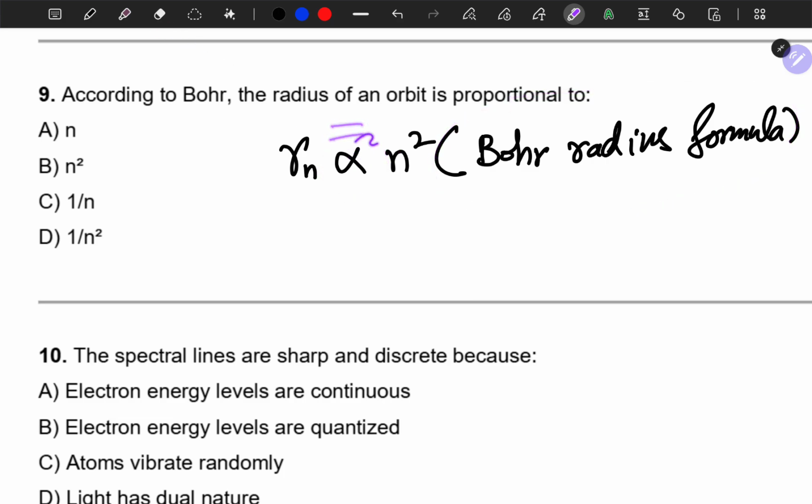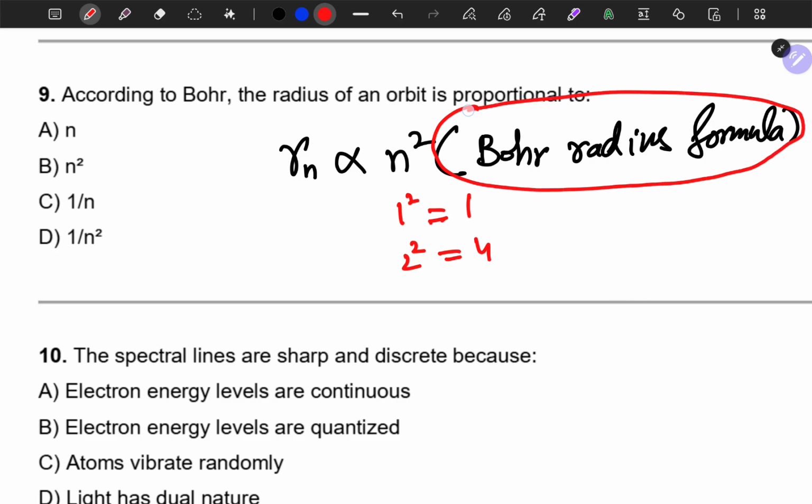The radius depends upon n square. Let's say if I put the first value, 1 square will be equal to 1, but 2 square will be equal to 4. So for n equal to 2, the Bohr's radius formula will be multiplied by 4. So here the correct option is option B.